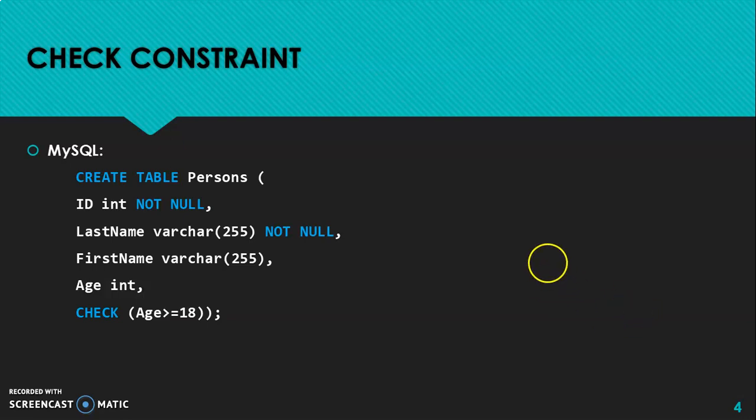coming back to the same create table: create table person, ID of type integer, not null, last name of type varchar, size 255, again not null, first name of type varchar with a maximum size of 255, age of type integer.